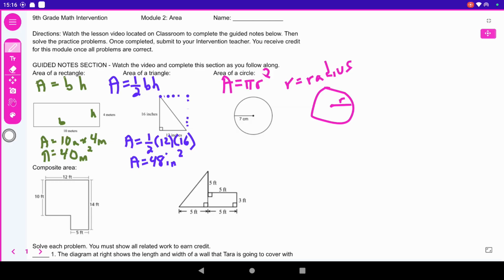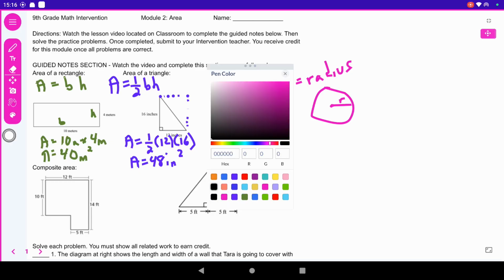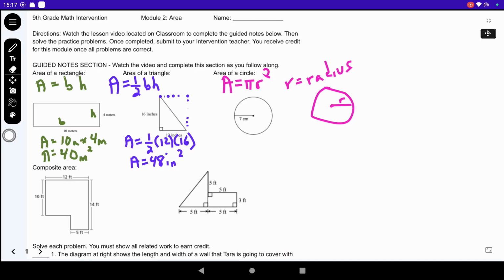If you have all the way across from one edge to the other, that's called a diameter. And the diameter is twice the radius.